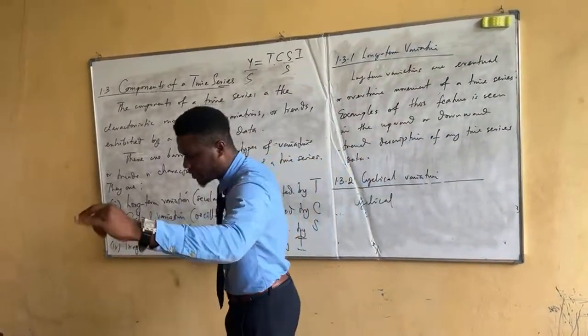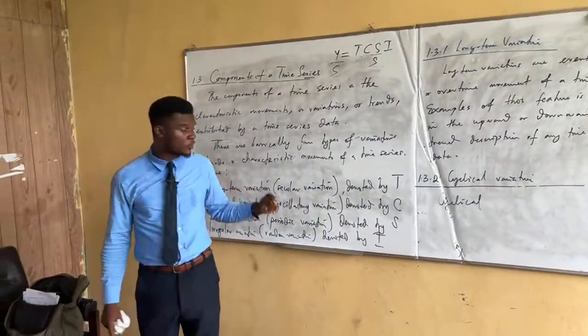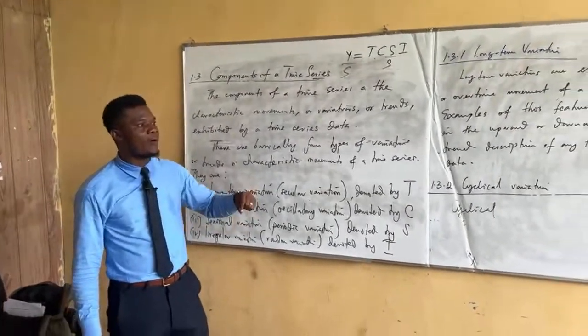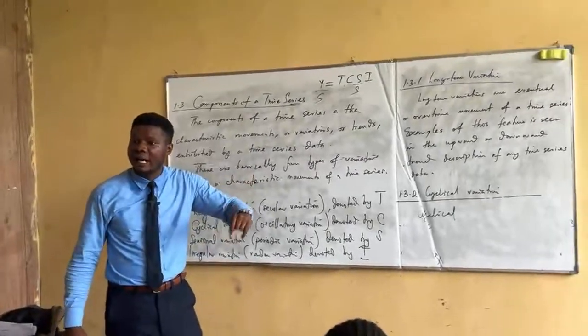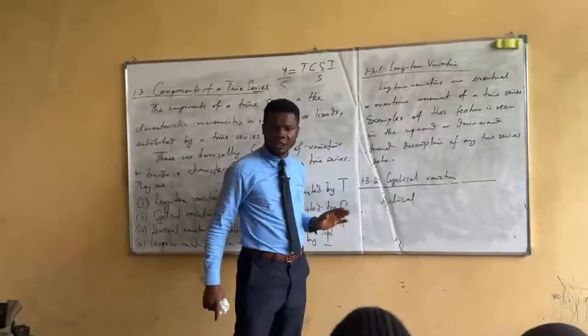Put it at the long-term trend. That is the major function of the cyclical component. They explain how a time series data, observations of a time series data, oscillate about what? The long-term trend. Is it clear?